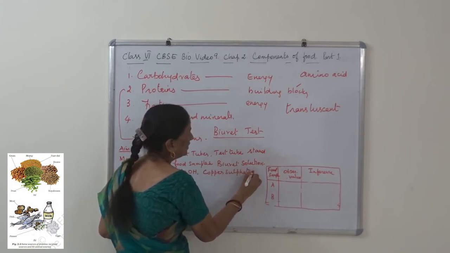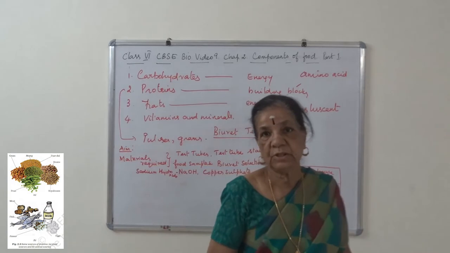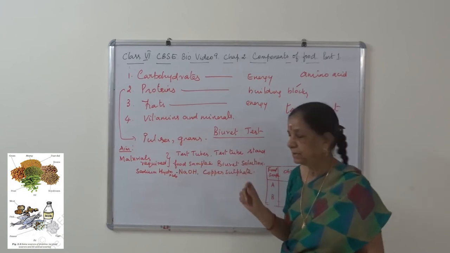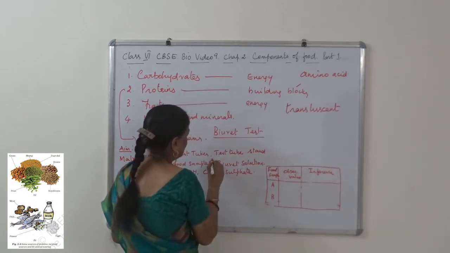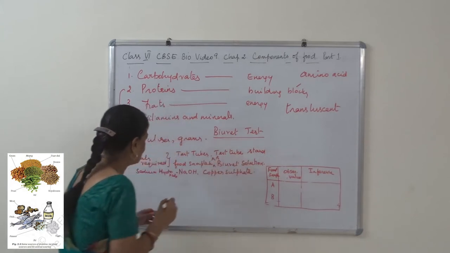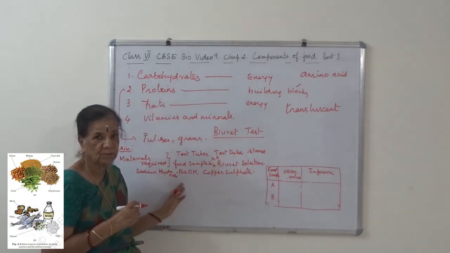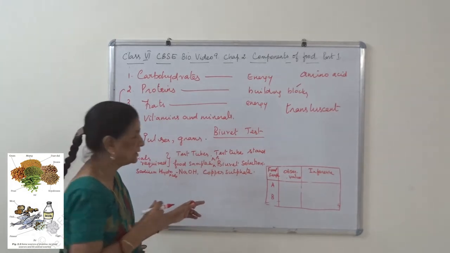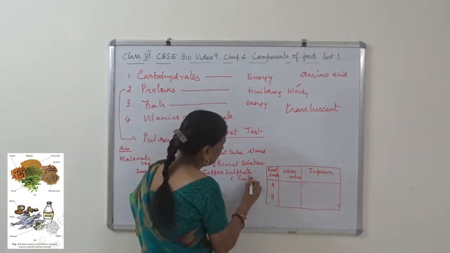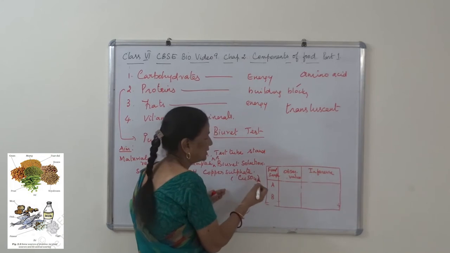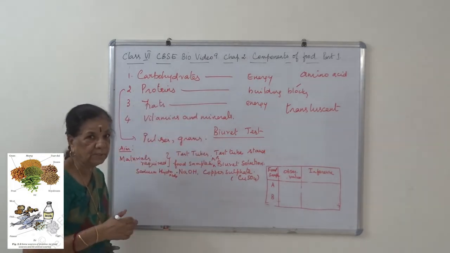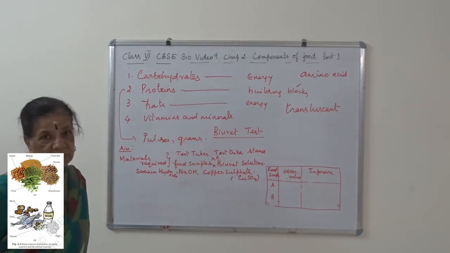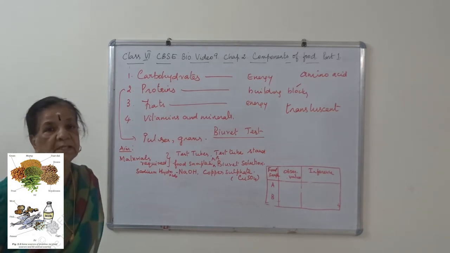The crystal we have to make into a solution. So we have the test tube stand, samples A and B, Biuret solution, sodium hydroxide, and copper sulfate. These are the materials required.